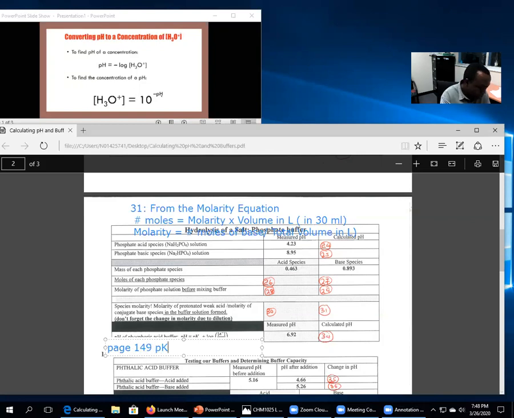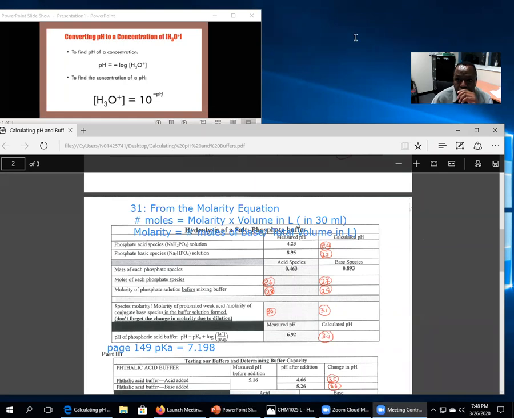pKa equals 7.198. That is the value you will need for the equation here. You see that?